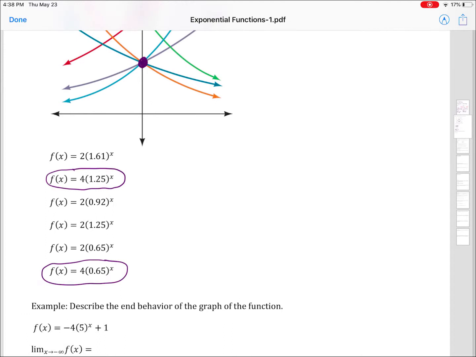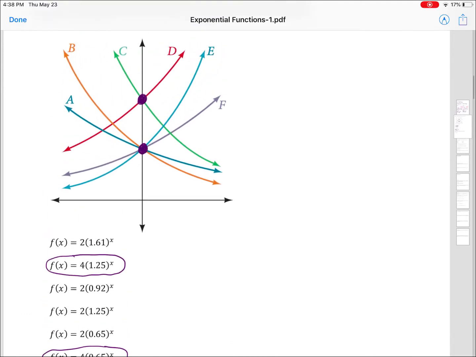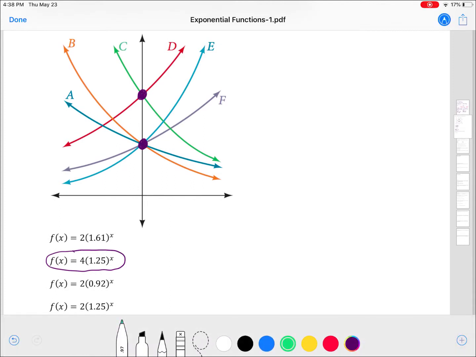So now I know that these two that I just circled in dark purple are going to be either C or D. Now the difference, if you notice, if I look at D, if I trace D left to right, that's going up. So D is increasing. And if I trace C left to right, C is decreasing.